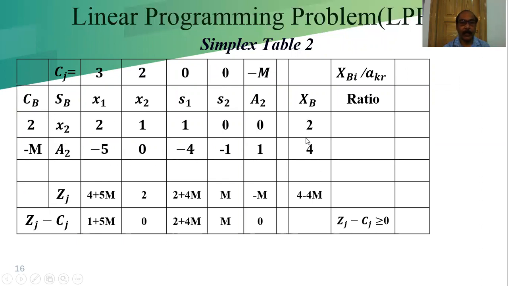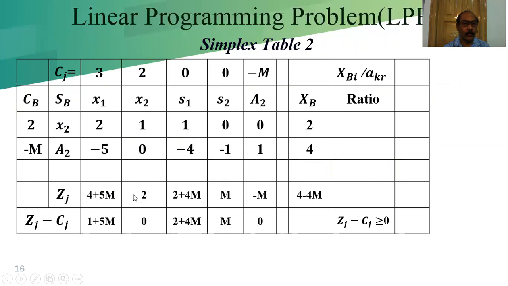Now again we have to find the Zj, and from the Zj we find the Zj minus Cj. Here Zj is 2 into 2, 4, and minus 5 times minus m, that is 5m. So 4 plus 5m, minus 3 is 1 plus 5m. In this case, this is 0 and this is 2.